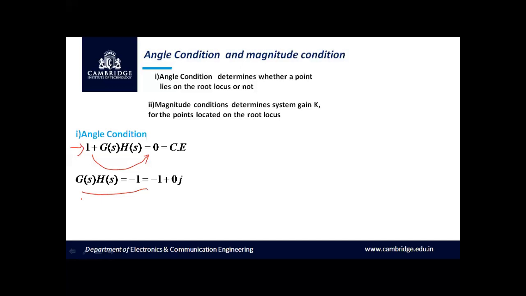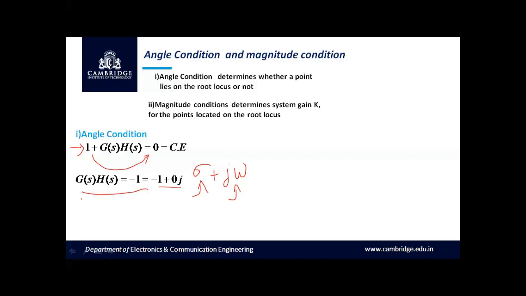As the s-plane is complex, we can write the above equation as -1 plus 0j, which is represented in rectangular form. All s values can be expressed as sigma plus j omega, where sigma represents the real axis and j omega represents the imaginary axis.